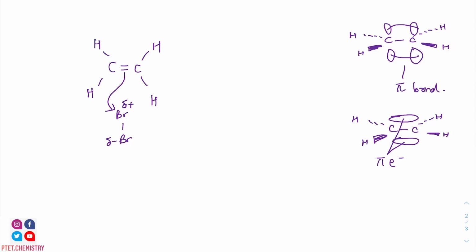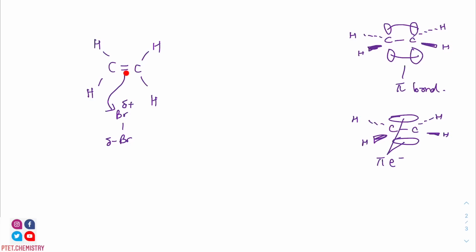It's not double-headed, it's single-headed. The rich in electrons is not the carbon, it's the pi bond, which contains the pi electrons. That is your nucleophile. The carbon-carbon double bond is the nucleophile because the pi electrons are rich in electrons. It's the one that polarizes the bromine molecule such that this side becomes delta plus.